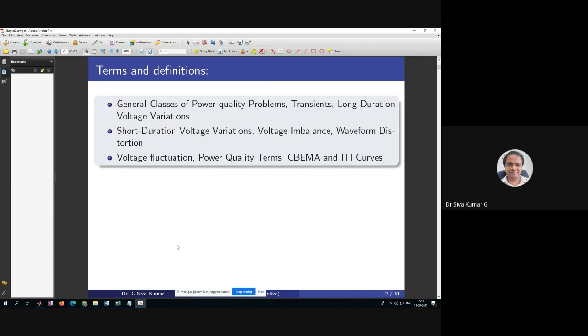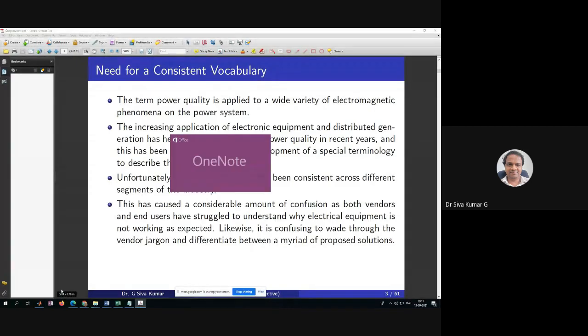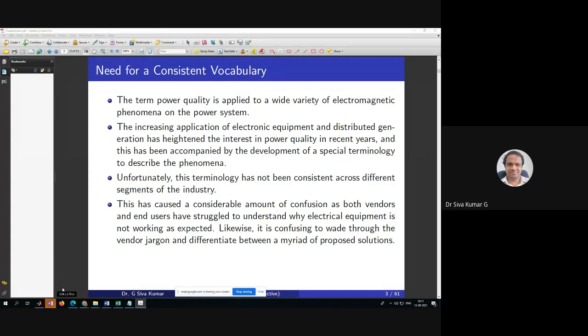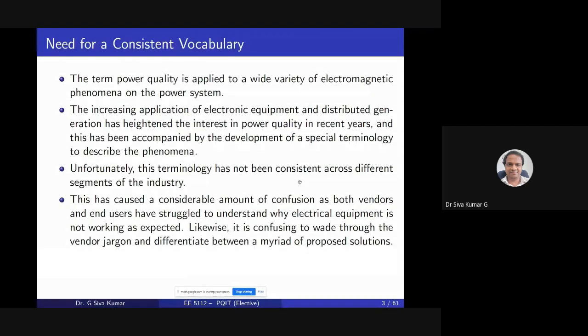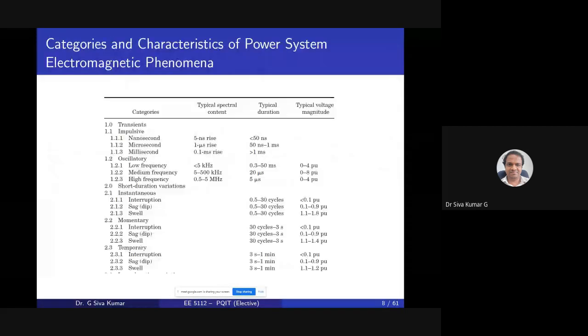They have categorized them, and technically, more or less, they are the same.